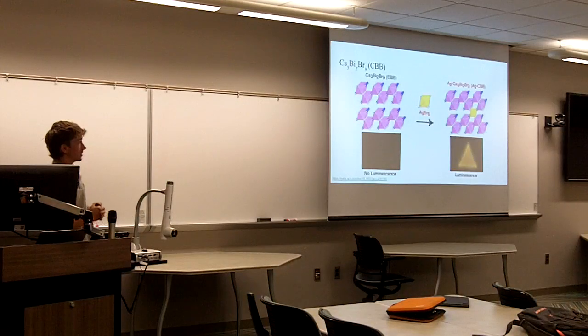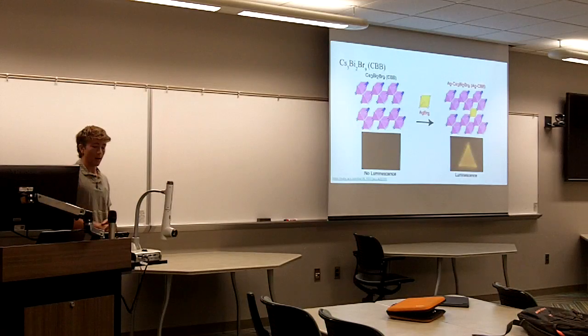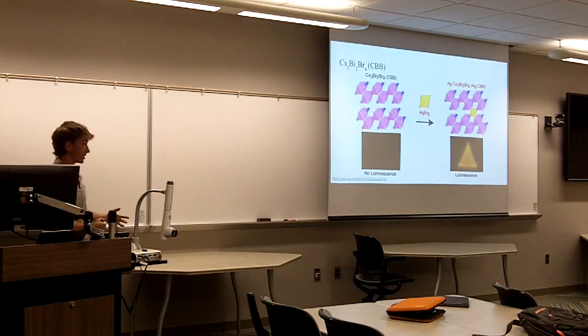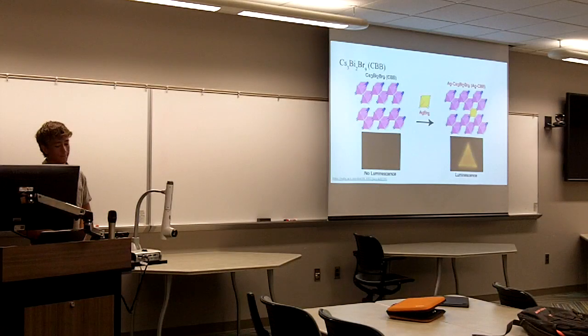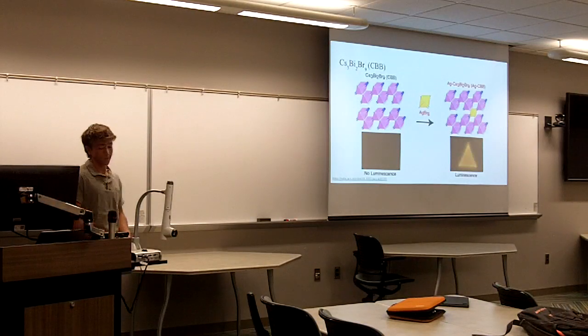And one of the major issues was its weak photoluminescence, or PL, at room temperature, which limits its effectiveness in light-emitting devices. Despite these challenges, the unique characteristics of CBB make it a subject of ongoing research and interest in the field of perovskite materials.